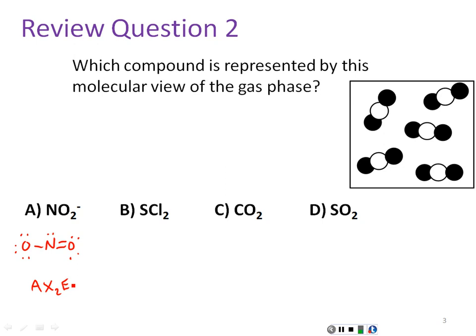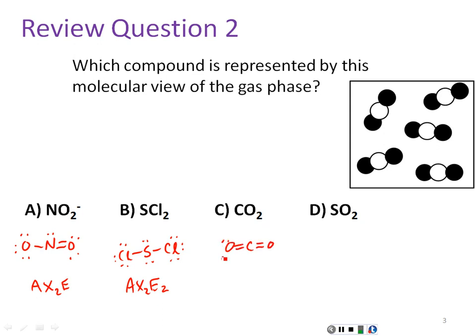Let's look at SCl2. And this molecule is AX2E2. So tetrahedral electron geometry and a bent molecular geometry. Now on to CO2.